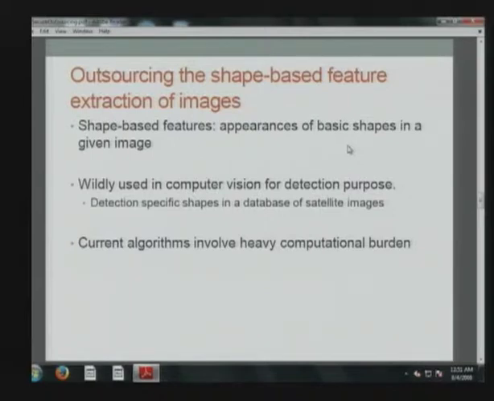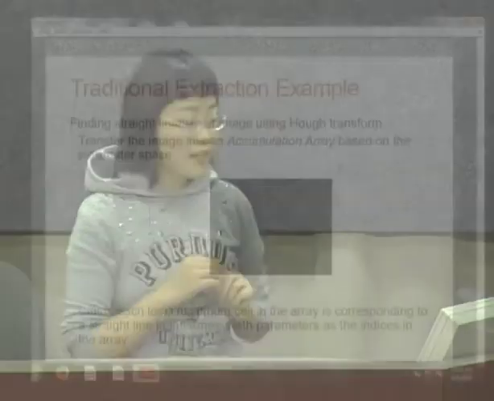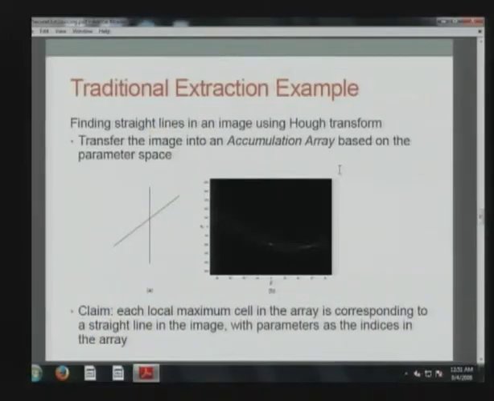And the current algorithms involve heavy computational burden on a local computer. If you use a laptop to extract the shape-based features of an image, it may take you several minutes. Here I present a traditional extraction example.